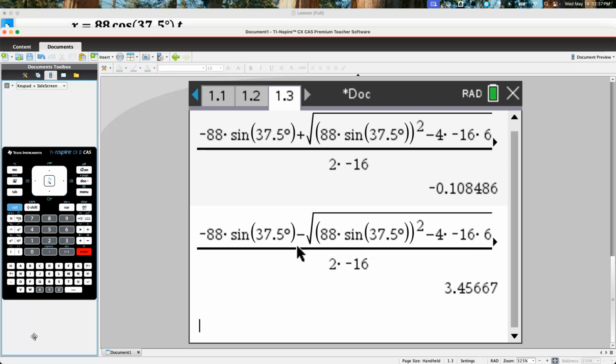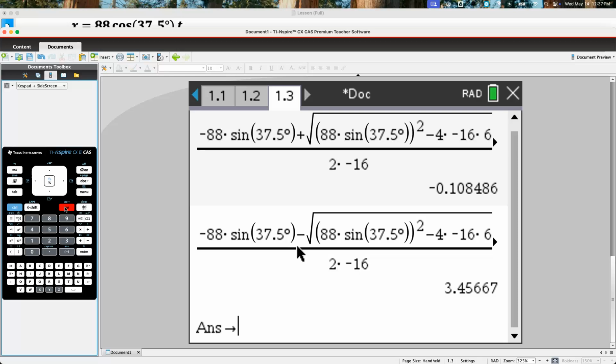So rather than round, because we have technology, I'm going to store that t value in my calculator, and I'm going to let it stay in my calculator. I do that by going Control var. It gives me stow. Okay? I want to stow that in my calculator.